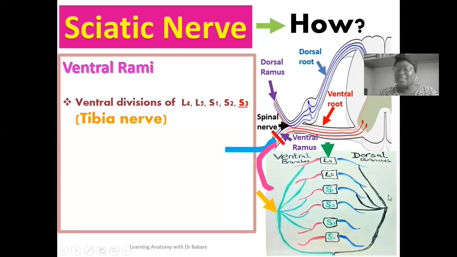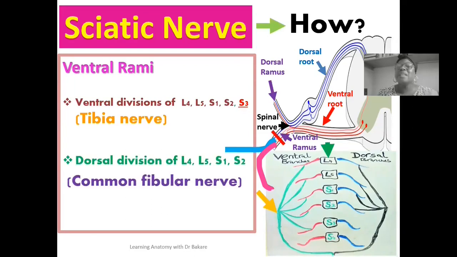Then if you go to the other side, we have the second subcomponent of the sciatic nerve, which of course will emerge from just the dorsal divisions. So we have the emergence from the dorsal divisions of the anterior rami, of course, of L4, L5, S1, and also S2 spinal nerves. And at this point here is where we have the emergence of the common fibular component of the sciatic nerve.